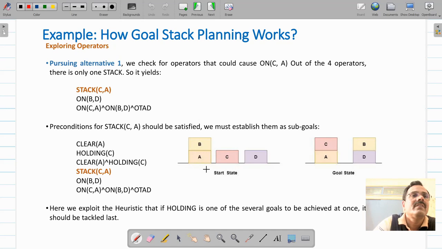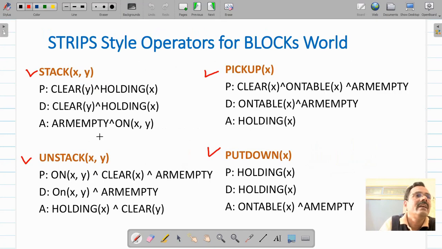Now here, if you find out, block B is on block A, so A is not clear. There is block B on top of A. So you will now have to achieve this clear A. Find an operator which will give you clear A as a result.